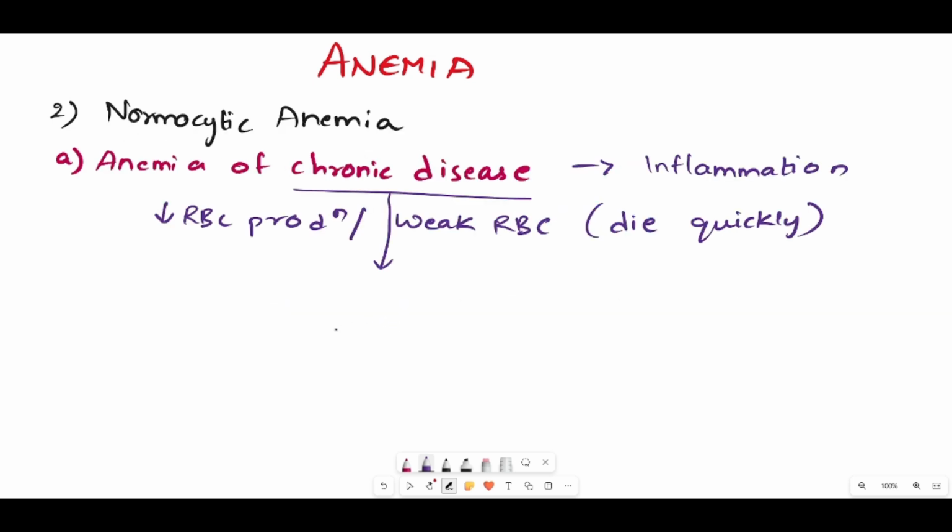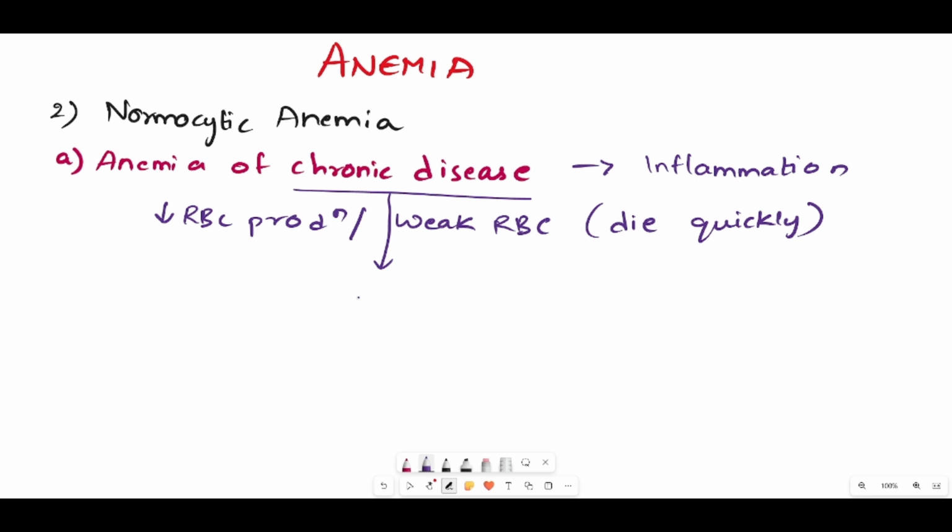So, in normocytic anemia, the first type is anemia of chronic disease. This disease causes inflammation, due to which it can decrease RBC production, or cause the production of weak RBC, or make RBC which die very quickly.